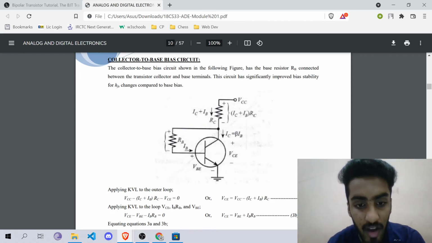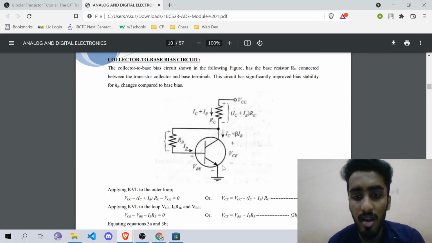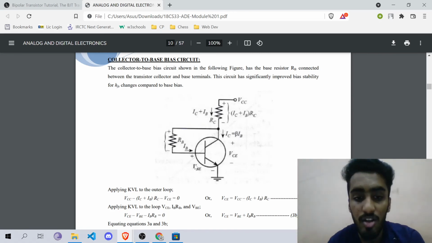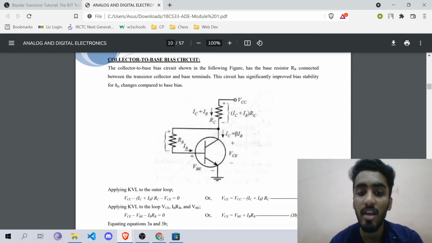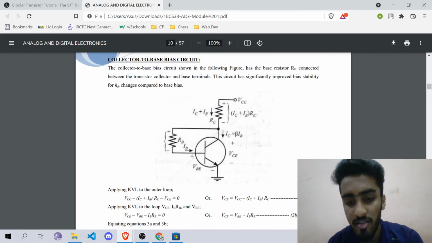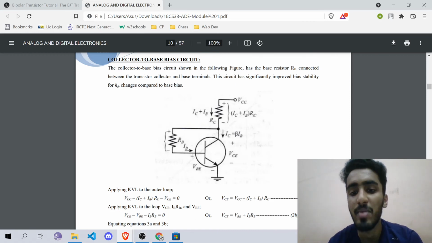So we have negative IB into RB, and as we are going from positive to negative, we have negative VBE. And as you are going from negative to positive, this is an important point to note, there is an increase in potential. So it is plus VC equal to 0 according to KVL. Rearranging this equation, we get VC is equal to VBE plus IBRB.